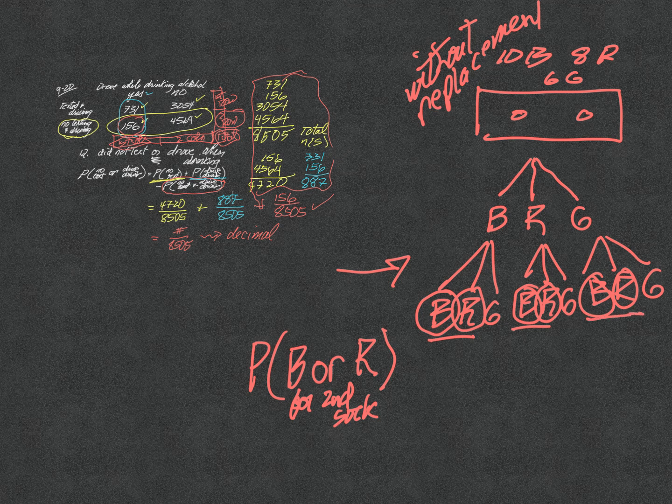And of course, that depends on what you got for the first situation. But we're just asking, what if you got a blue or a red on the second sock? And so you would look for the situation where you get a blue or a red, and then your branch would be labeled with the probability, and then you could use those probabilities.